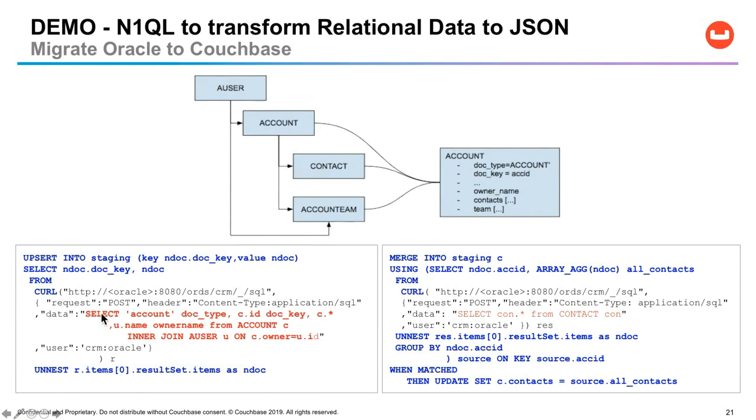In this case, I leveraged the Oracle REST data service, and the ability to transform that data either into a single document, or merge that into an array on another document, or perform it using the NoSQL query language itself. So that's pretty much the end of my presentation.